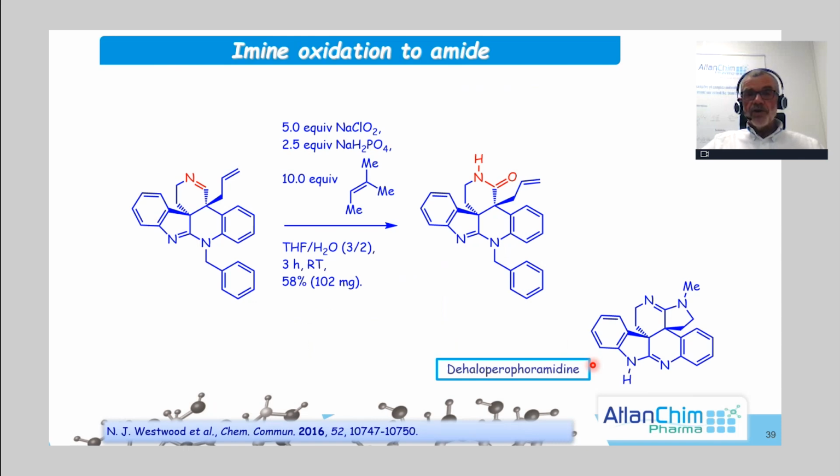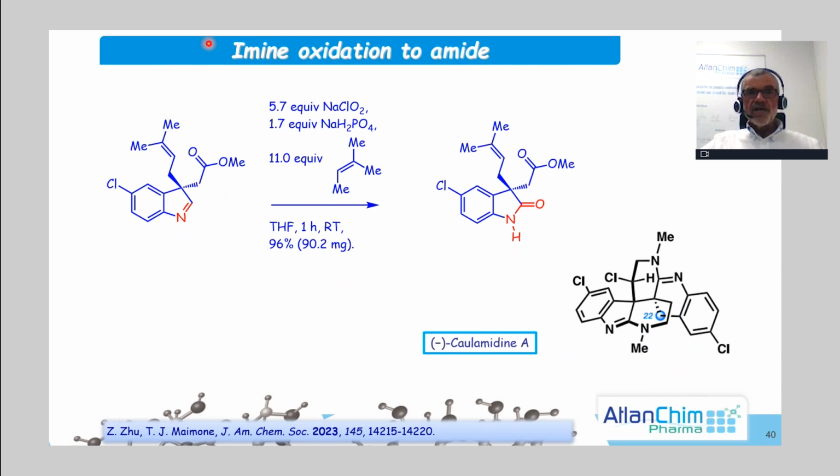For example, in the total synthesis of this isolated natural product from a marine source, pinnick oxidation conditions here were applied to this amine to provide this lactam in a 58% yield. As the authors point out, this transformation here is robust and has overall reduced the length of the reaction sequence to prepare this key intermediate.